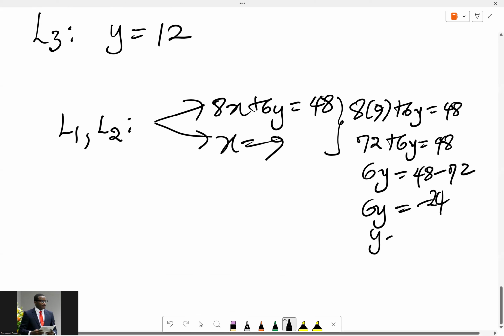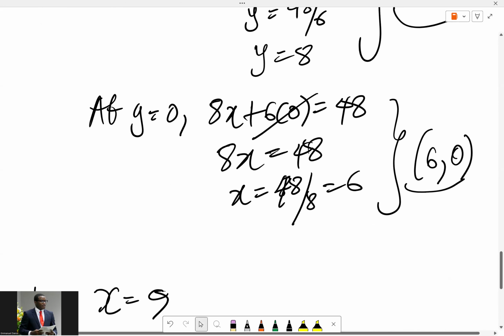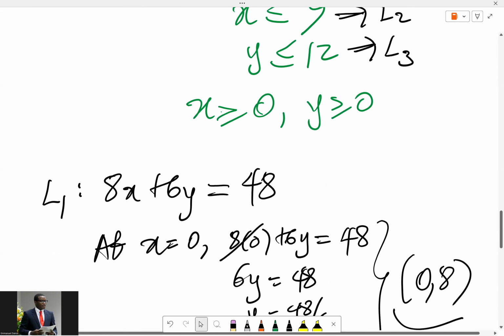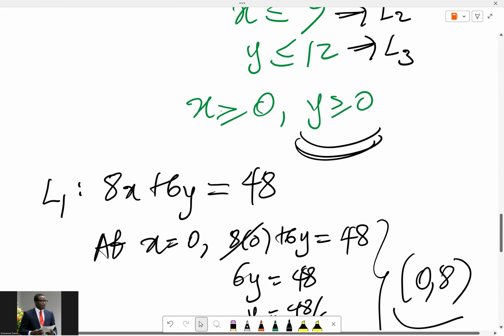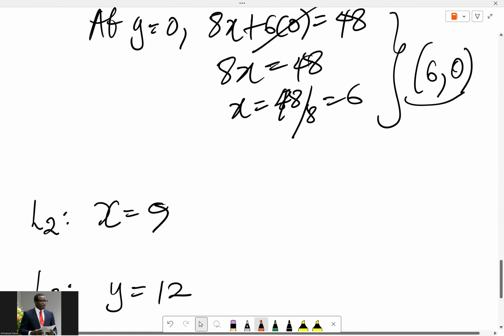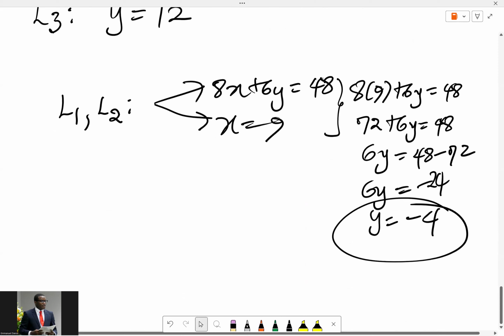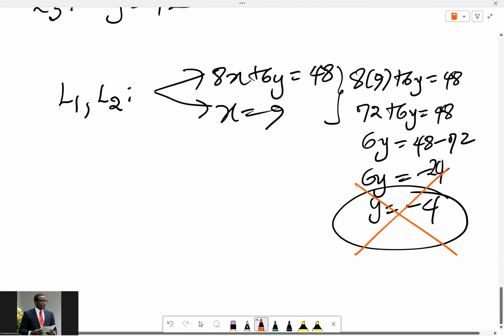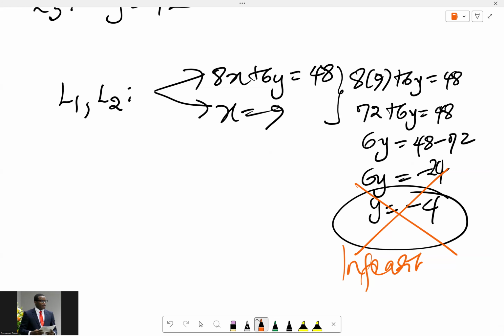So y is equal to minus 4. Of course, we don't need this, because of the non-negativity condition that y has to be greater than or equal to 0. So this is not acceptable; this is infeasible, and we can't use this value.